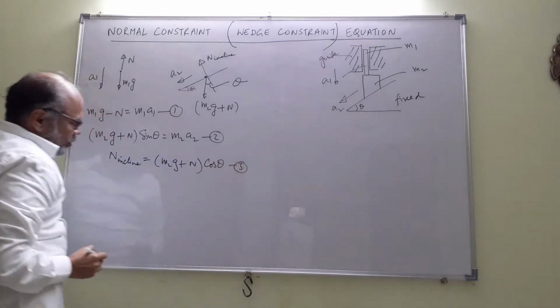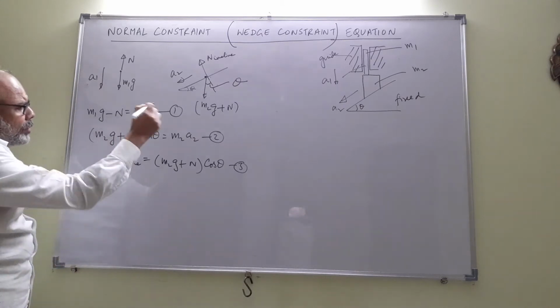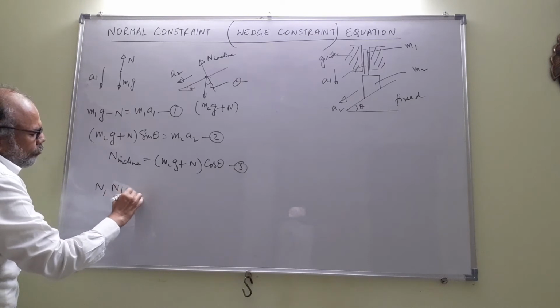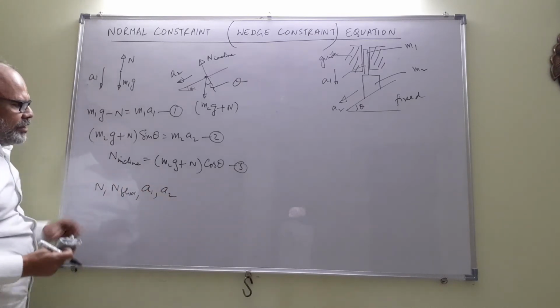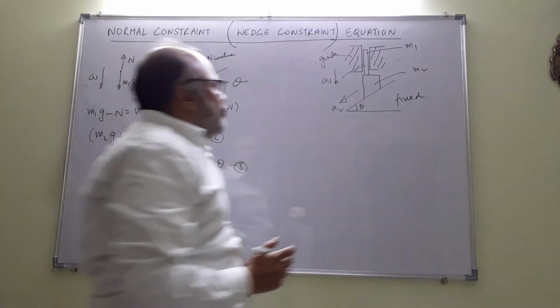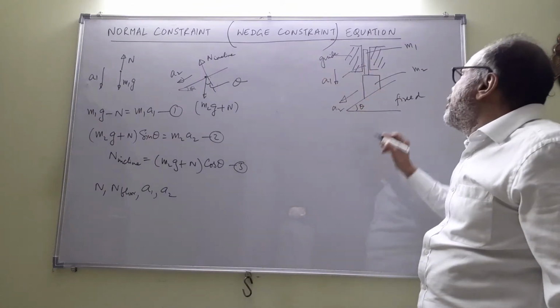That is the third equation. If you see the number of unknowns, you have N of the floor, A1 and A2, whereas we have only three equations. The fourth equation would be the constraint equation, the normal constraint equation.